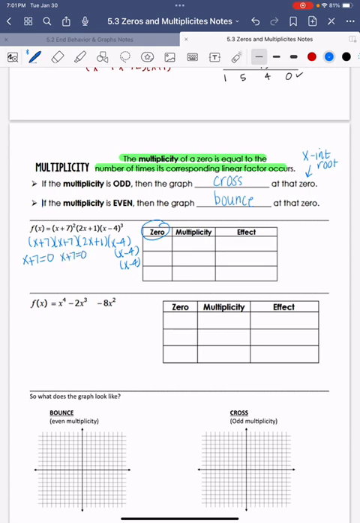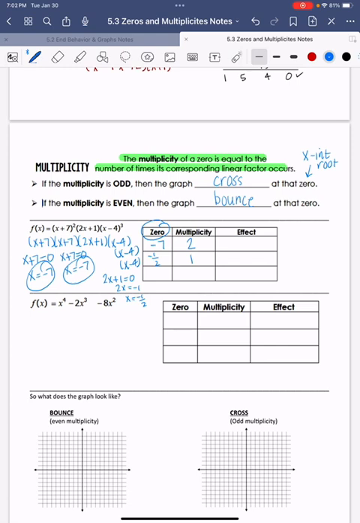Well, instead of writing it twice, we say that the 0 is at -7, and we say it has a multiplicity of 2 because the 0 occurs twice. Once, twice. If I take 2x plus 1 and set that equal to 0, subtract 1, divide by 2, that has a multiplicity of 1.